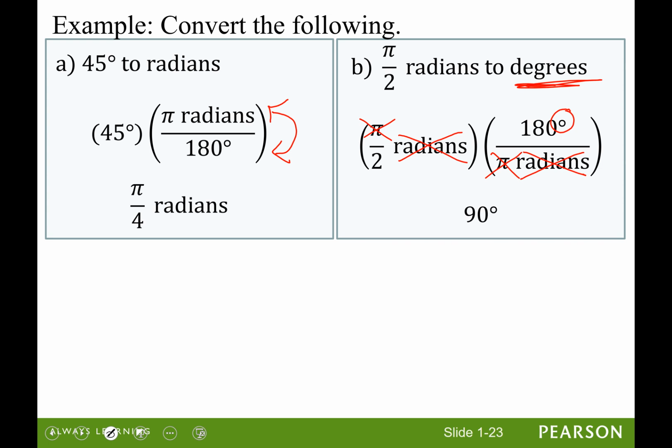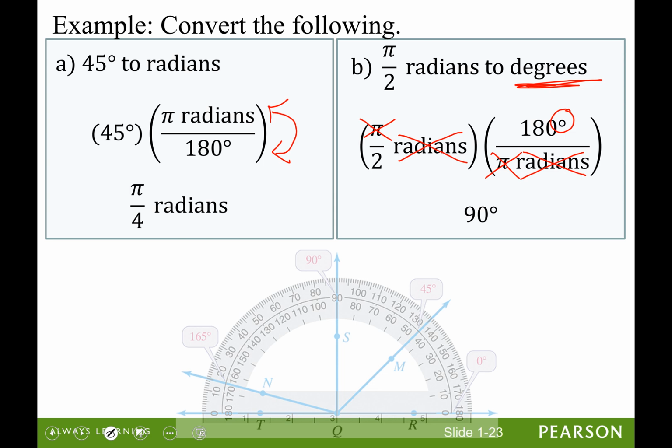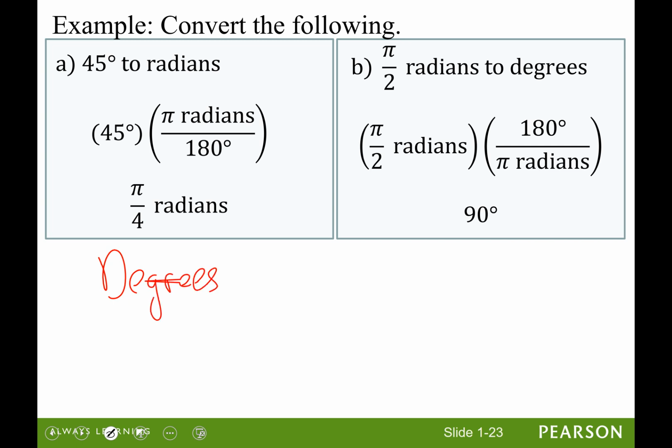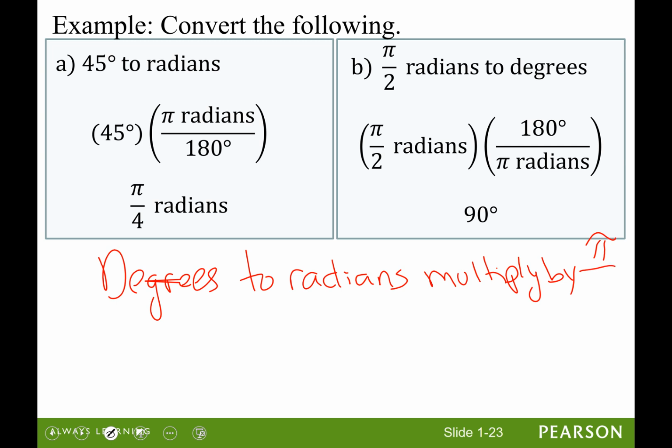I want to write this a little simpler. If you're trying to get from degrees to radians, multiply by pi over 180.